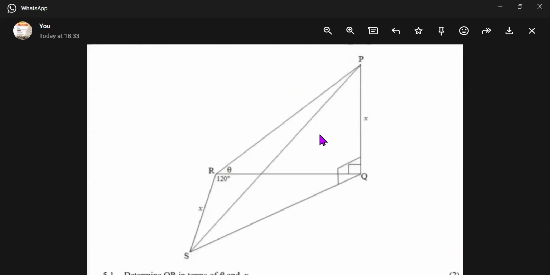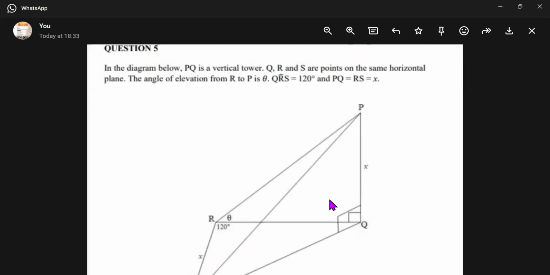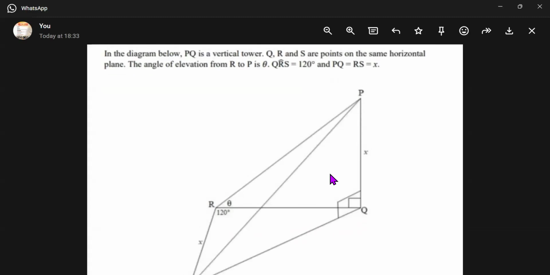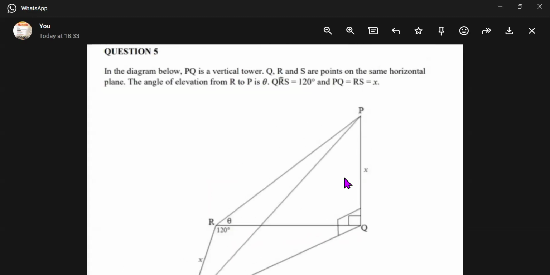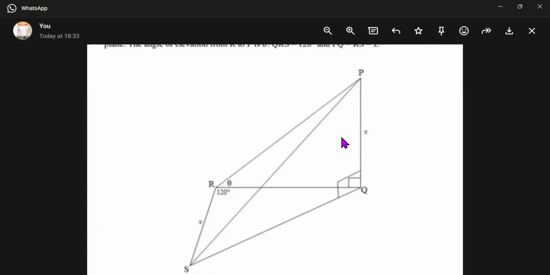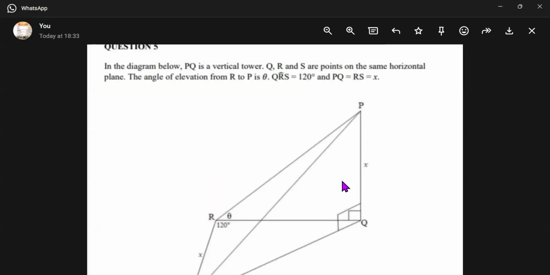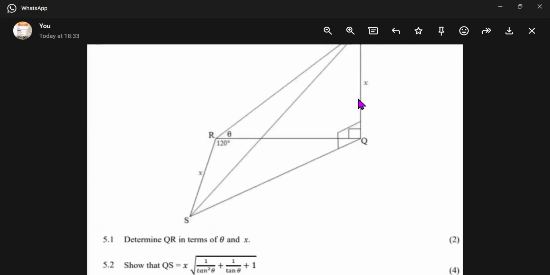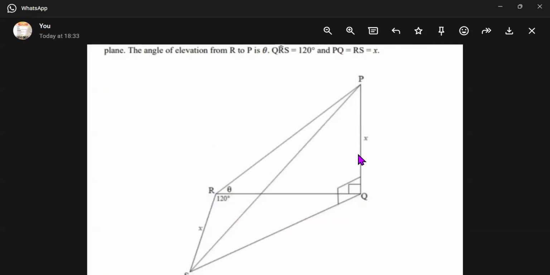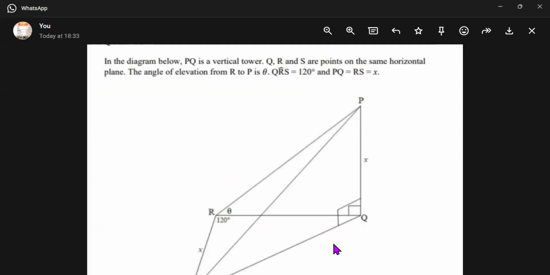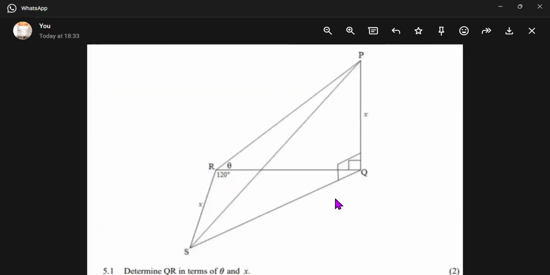Yes, they're the ones in the triangle that's in the base. The angle of elevation from R to P is theta. Angle QRS is 120 degrees, the one that's in the base. And PQ equals RS, and both of them are x units each. Well, this is what they tell us.